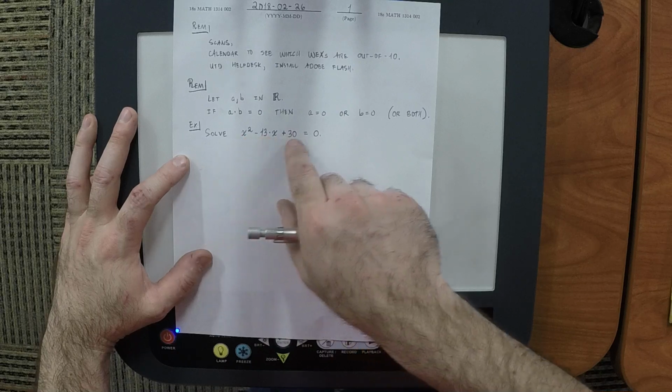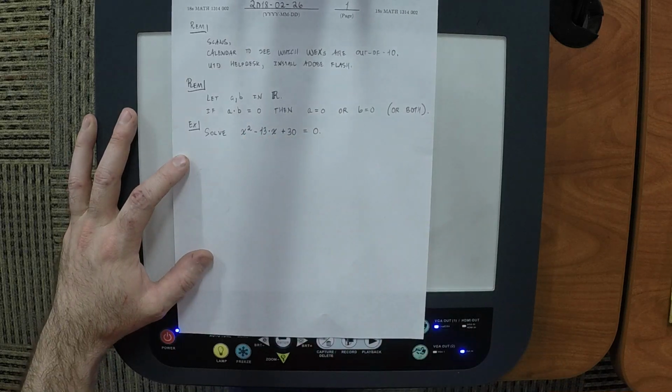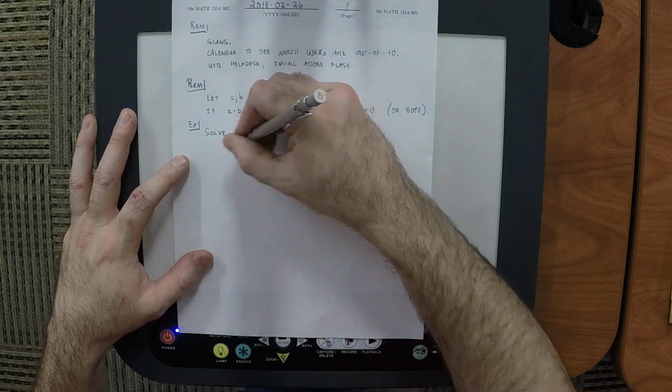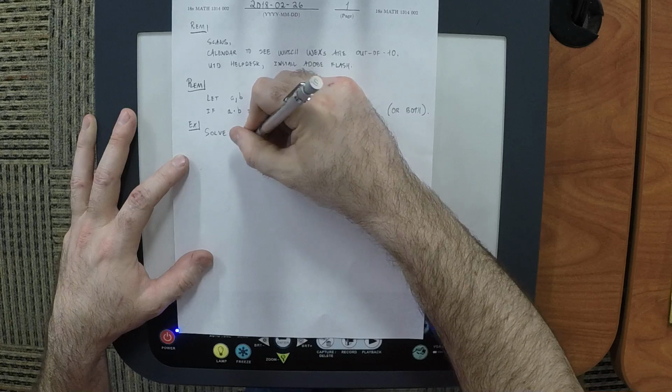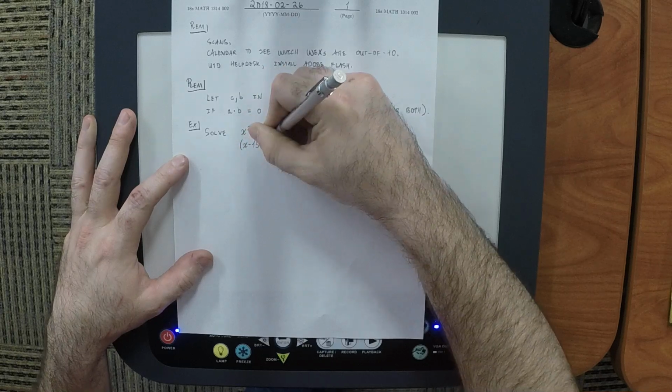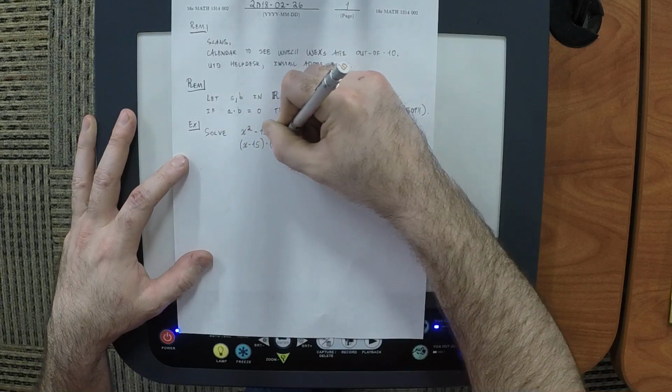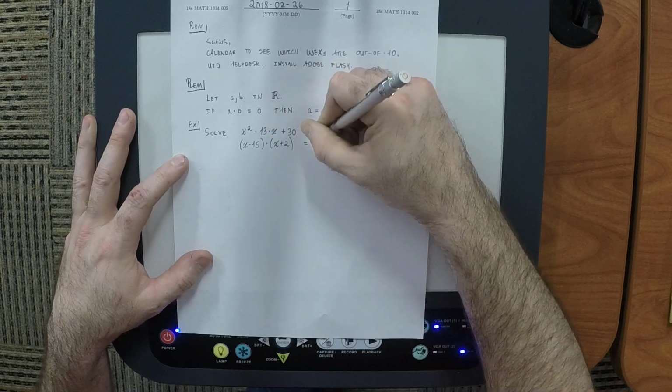Yeah. How does it factor? Not quite. So the one that I heard was this, I think. x minus 15 multiplied by x plus 2 equal to 0. So is that one right?